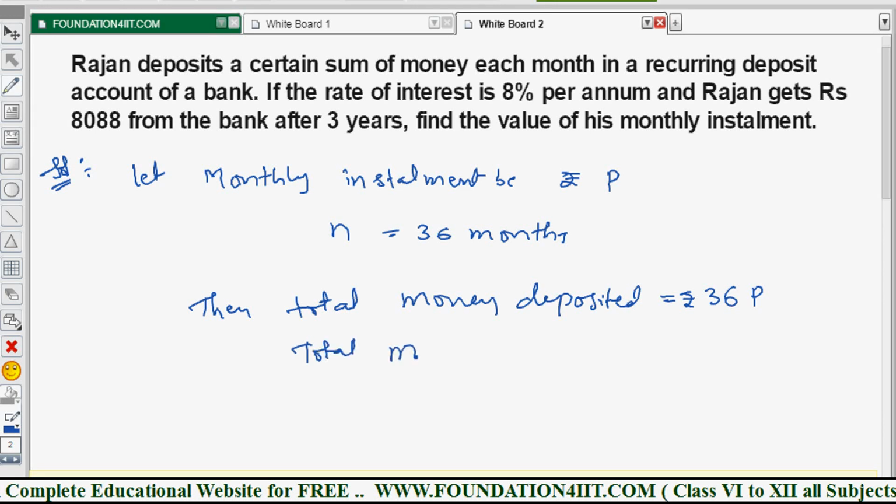The total money received is given, that is rupees 8,088. Based on both, you can write the simple interest, and the rate of interest is also given as 8%.